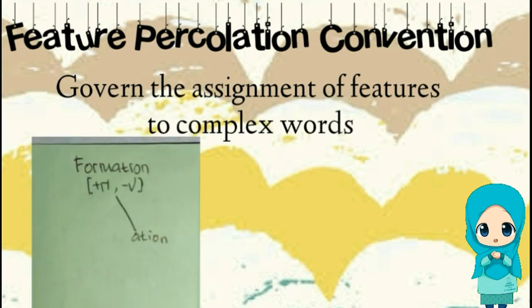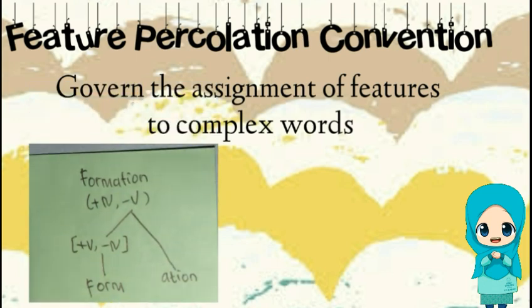For example, in the morpheme formation, it is plus N and minus V. It explains that formation is a type of noun, and the rest is plus V and minus N. It explains that the verb form is part of a verb.